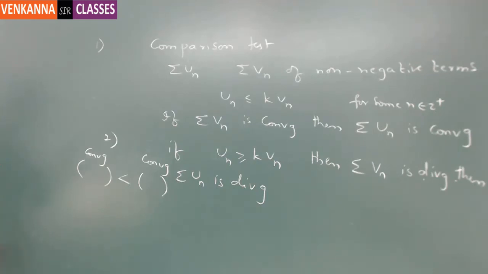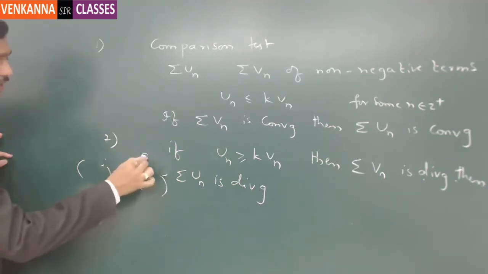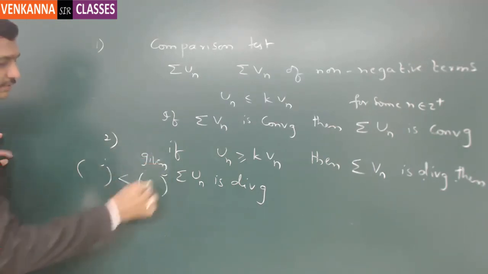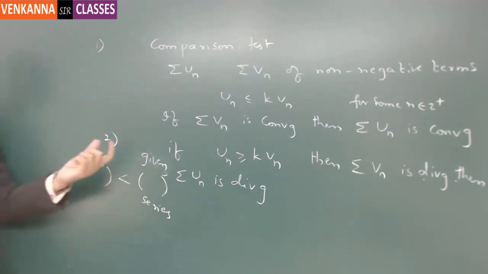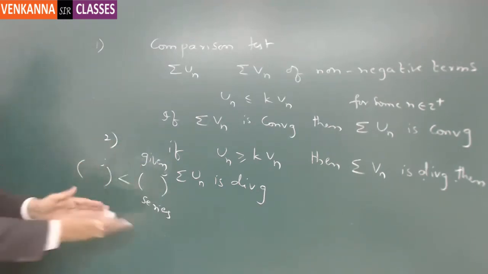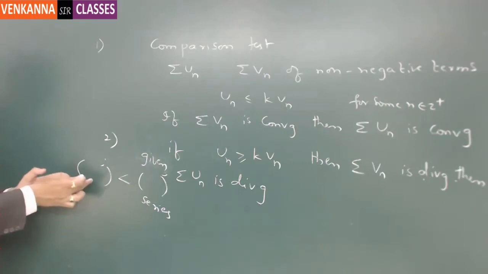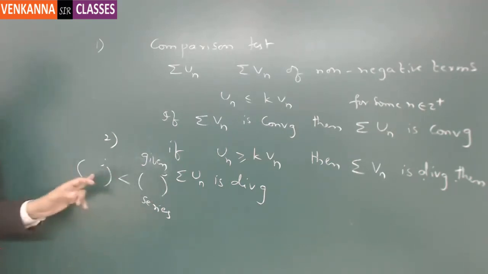If you want to say that a series is divergent, again, this is my given series. You should find a series which is smaller than the given series.